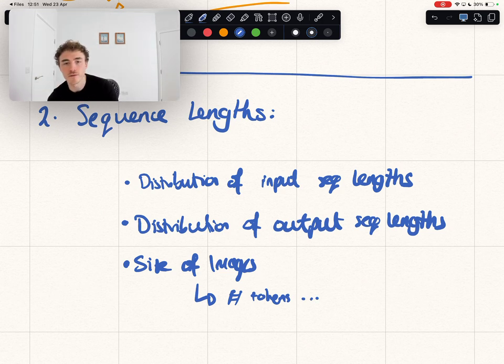So anything that affects the number of tokens that goes through your system.